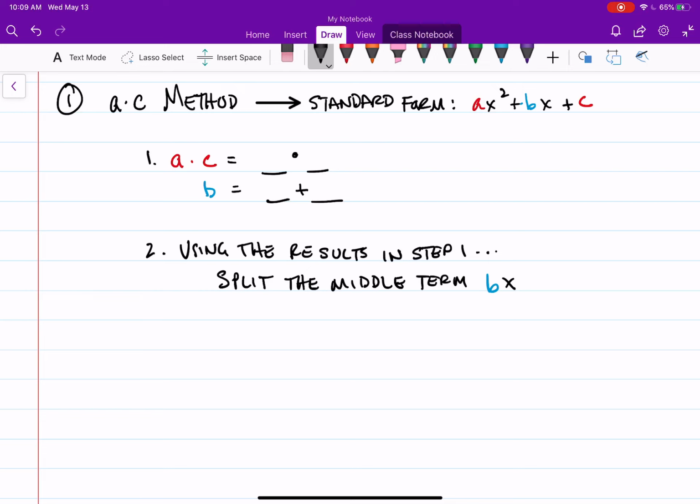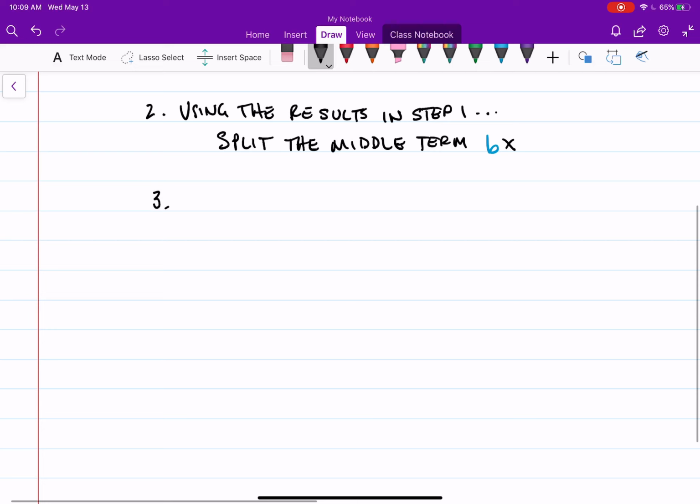And then step three is going to be factor by grouping.